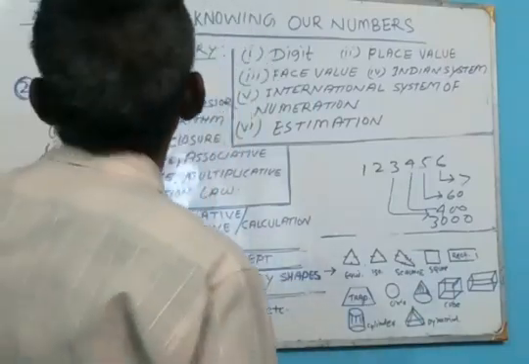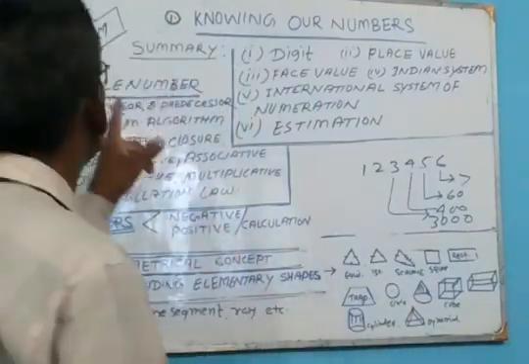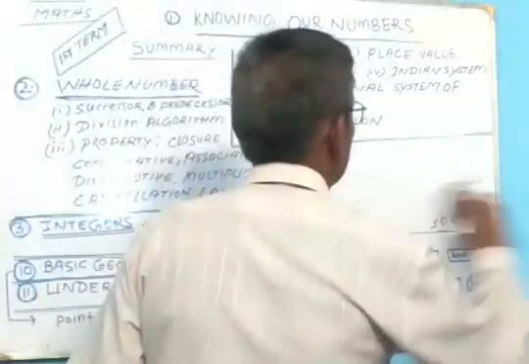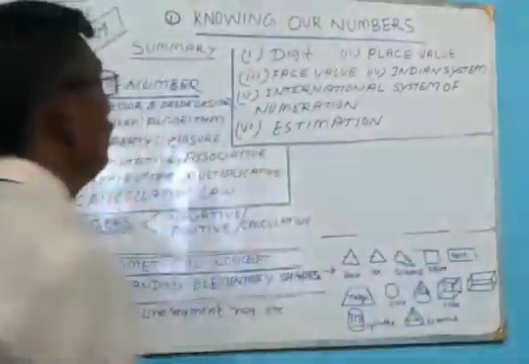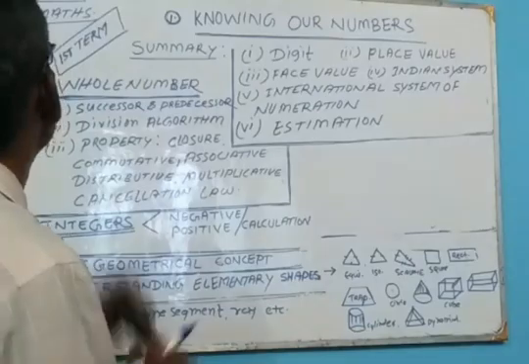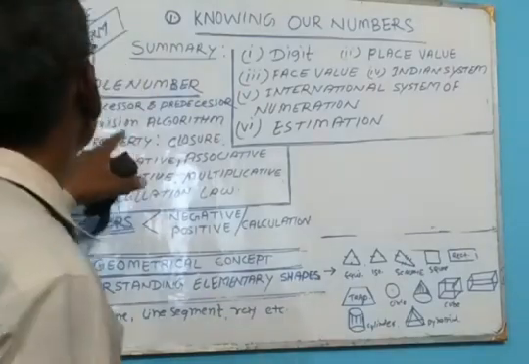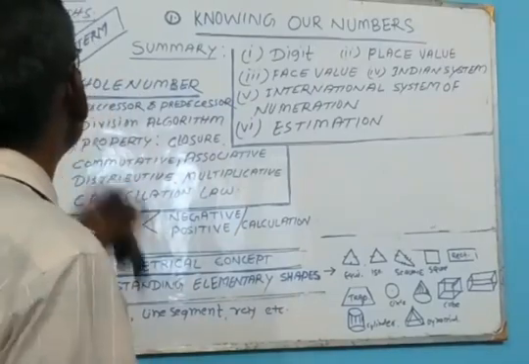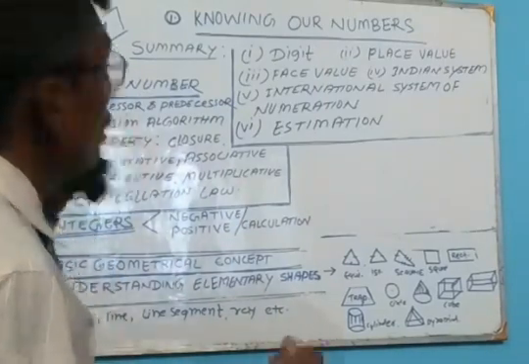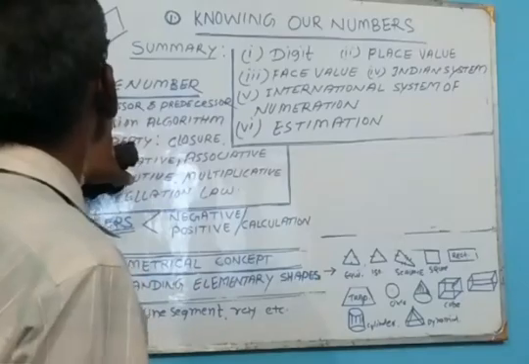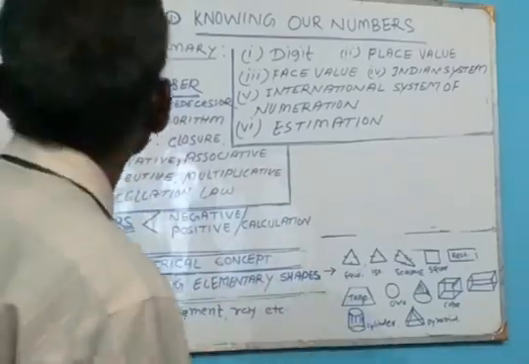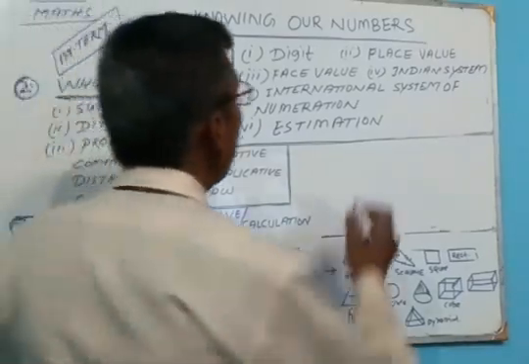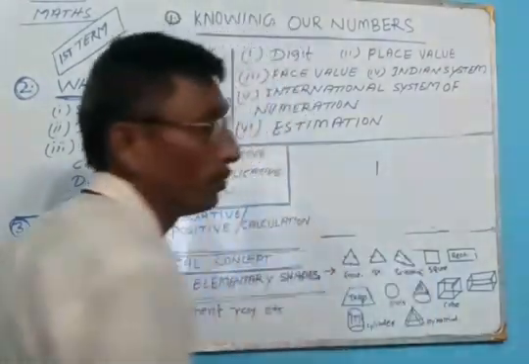Then come on to the next chapter, whole numbers. In the next chapter, whole numbers, we have to study successor and predecessor. Successor is the next number, in which we add 1. Suppose that we have the number 1.